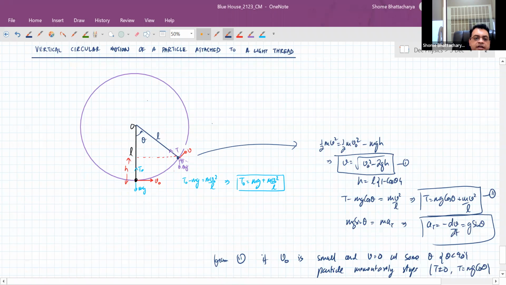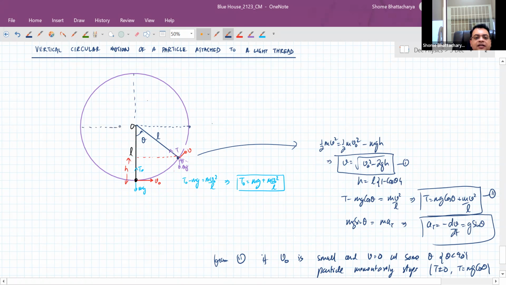So the string remains tight. This is just a quick recap of what we have understood in the last question. If the particle is given a sufficient amount of speed v naught, it will not stop before reaching 90 degrees. On the other hand, if the speed is comparatively less, then it will never reach the 90-degree position, let alone cross that and complete the vertical circular motion. It will stop at some theta less than 90.